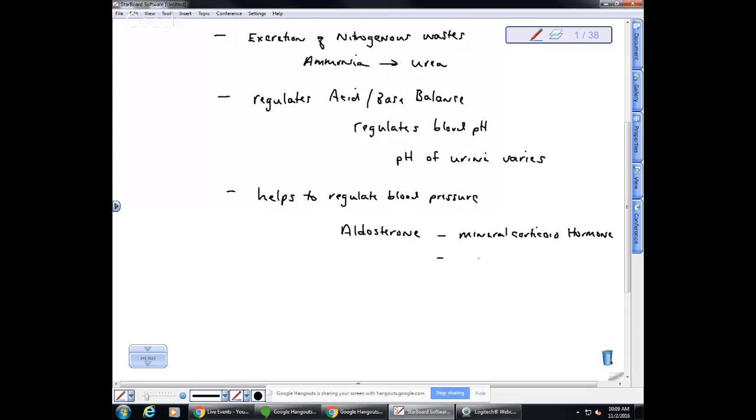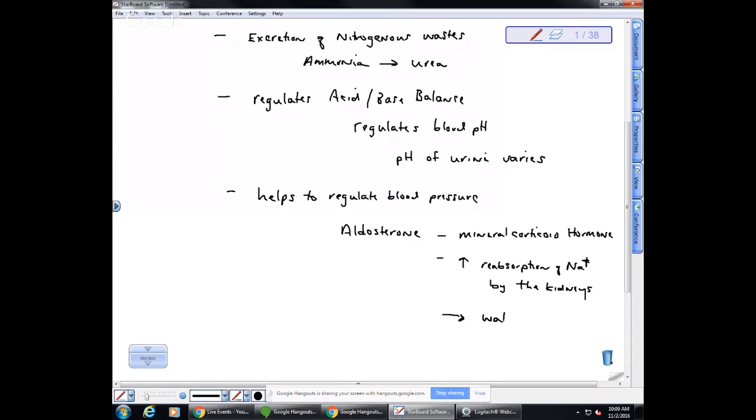And it increases the reabsorption of sodium by the kidneys. And we'll talk about how that reabsorption occurs in a little bit, okay? And then when sodium is reabsorbed, water passively follows.